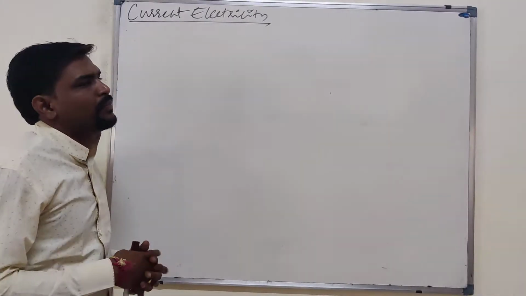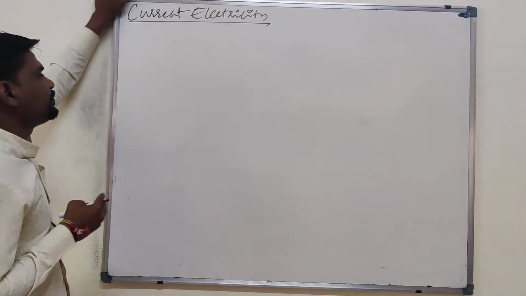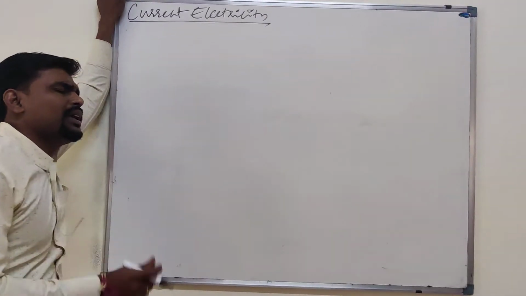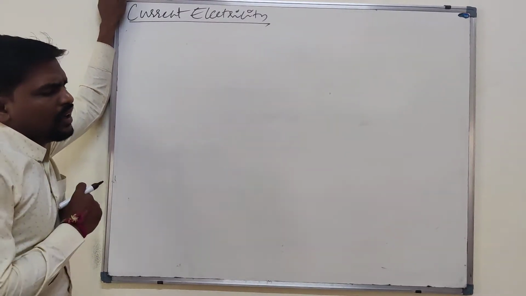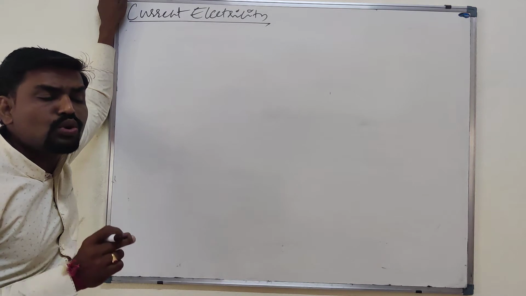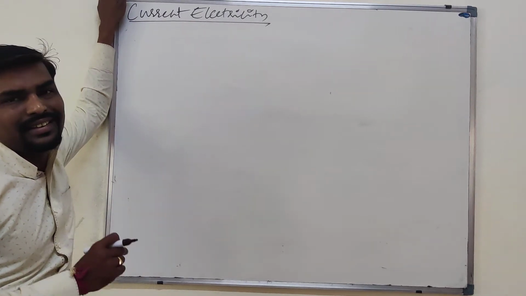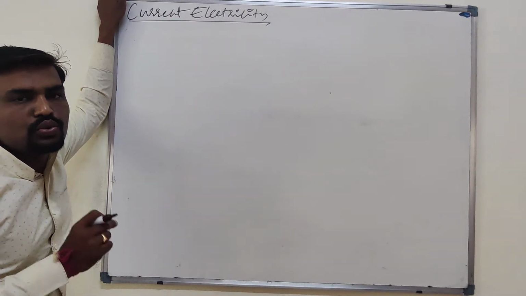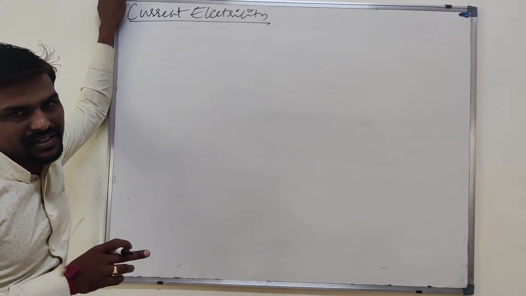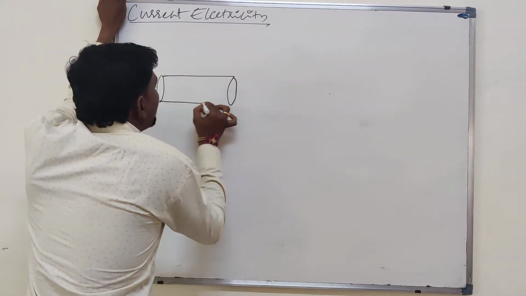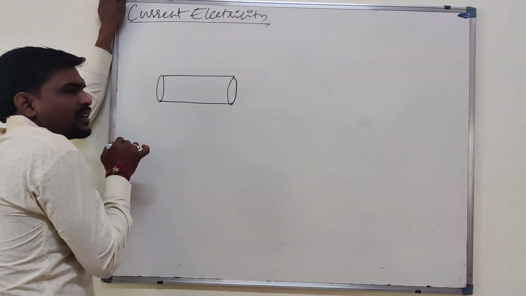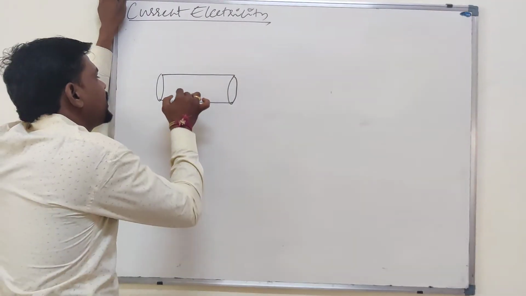We already studied this. So many metal conductors have free electrons, and those are the reason for the flow of electric current, right? Here I am going to consider a conductor. In this conductor, so many free electrons are there.